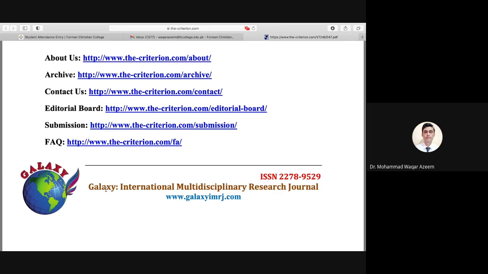Most of the research journals across the world are published by publishers connected with universities. Do you get my point? Most of the leading universities in the world have their own publishers, and research journals are published by them. So you won't recognize Galaxy to be any well-known university around the world.